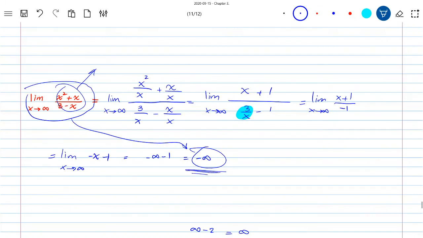So it means this function has no horizontal asymptote, since the infinity limit became negative infinity. Actually, you should consider both directions. X approaches negative infinity as well, but it turns out to be the same thing, since the function has a higher degree in the numerator than in the denominator.